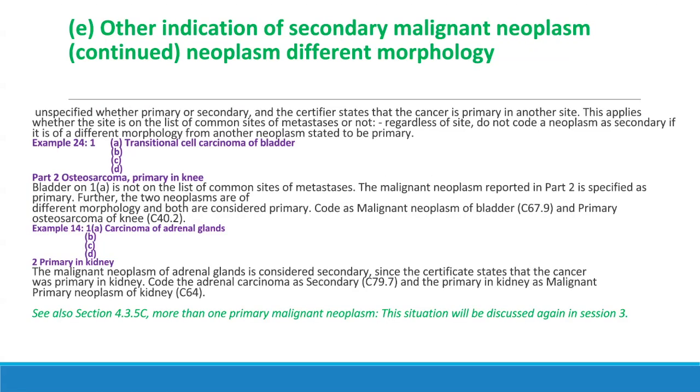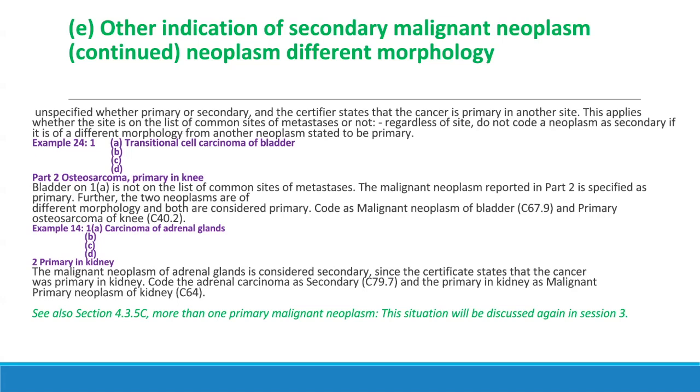In the provided examples, neoplasms with different morphologies are considered primary even if one of the sites is commonly associated with metastasis. For instance, transitional cell carcinoma of the bladder and osteosarcoma of the knee are both coded as primary malignancies, C67.9 and C40.2 respectively, because they have distinct morphological identities and neither is stated to be secondary.